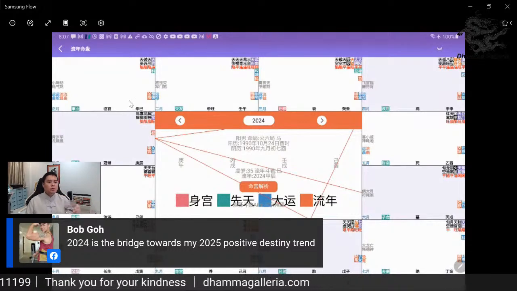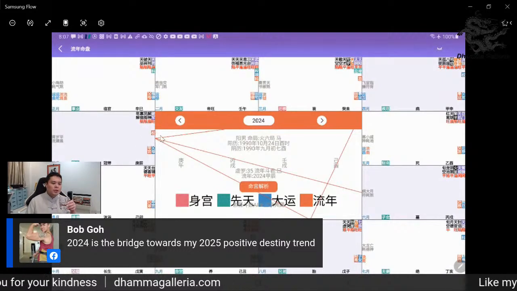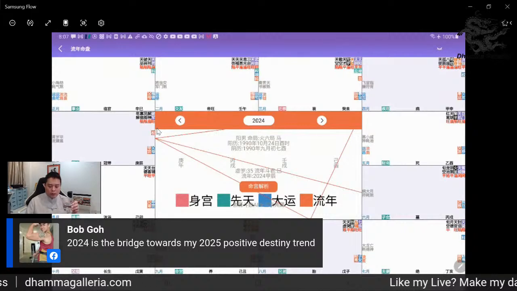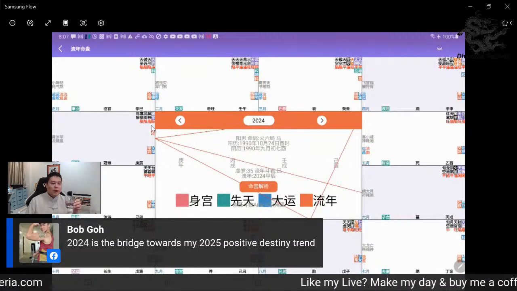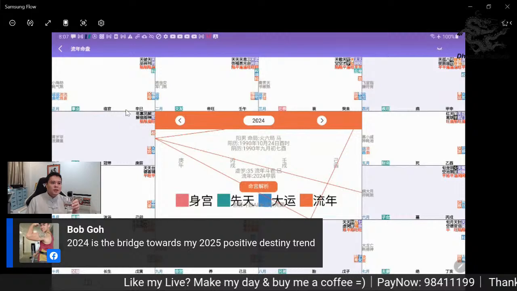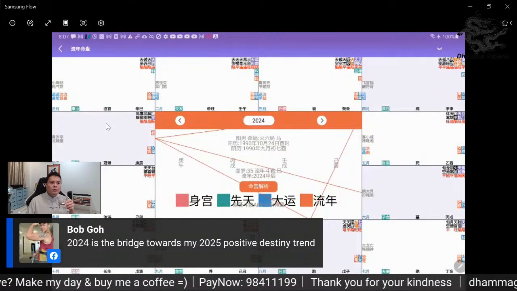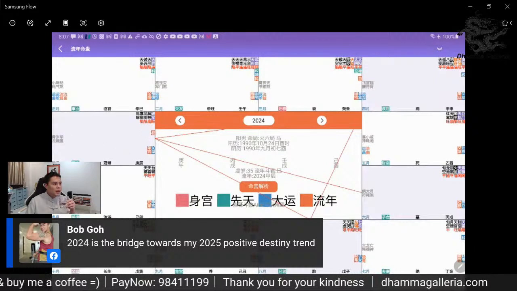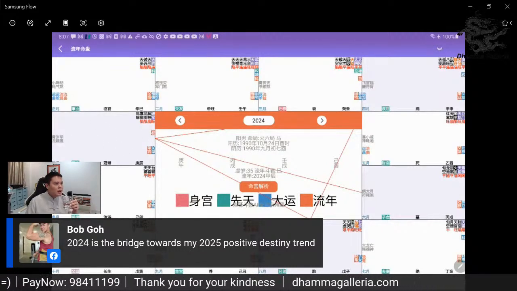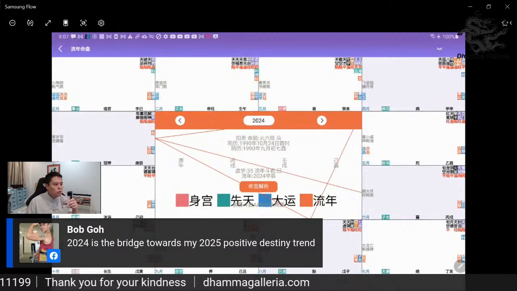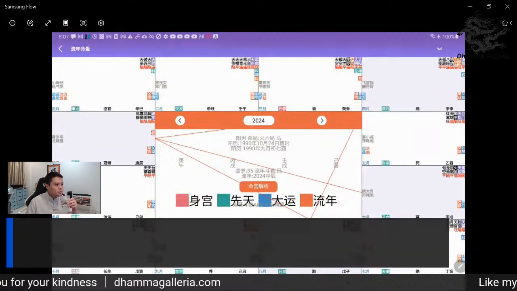So in the year 2024, with this Po Jun Hua Quan in your destiny domain, you have positive breakthrough, especially paired with this Hua Quan. And there are all these Jie, Yan Jie stars that are able to help you to overcome your problems and challenges. Thus, I will say it is correct there. 2024 is the bridge towards the 2025 positive destiny trend.